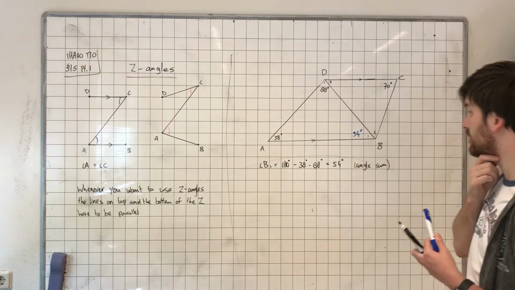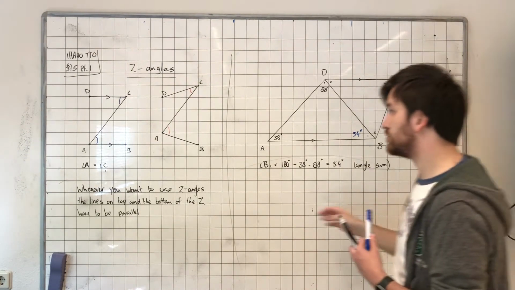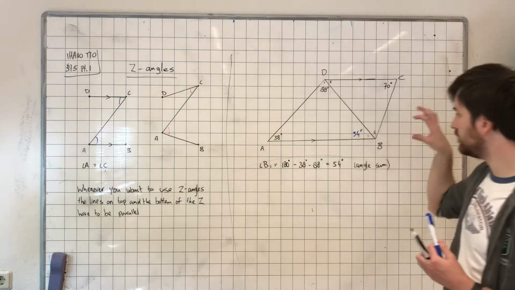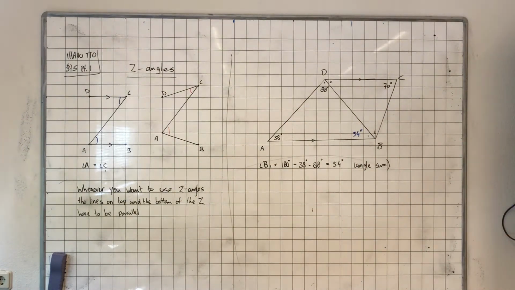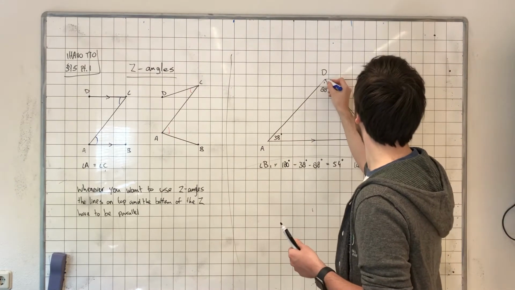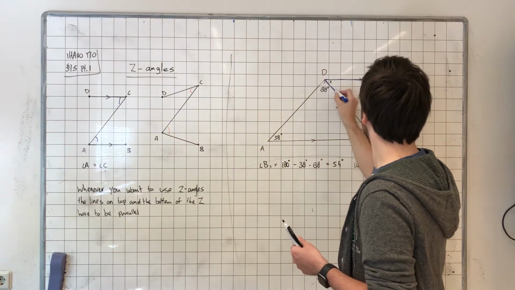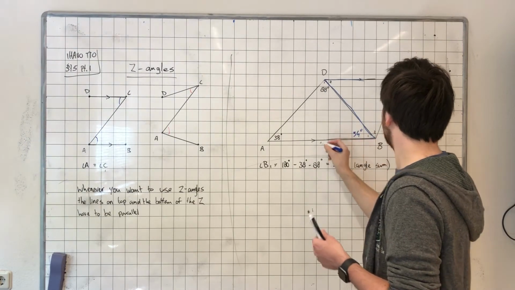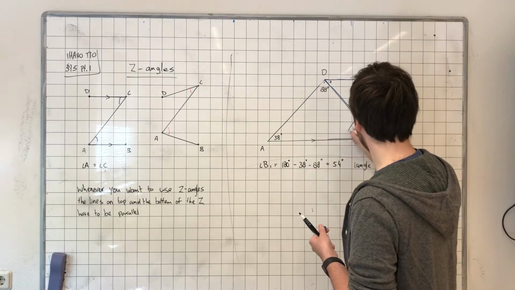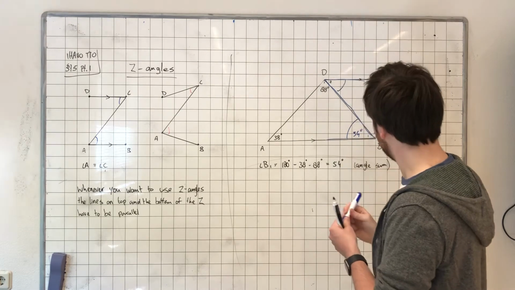So what now? Now we're going to try and use Z angles. Maybe you can already see the Z in this figure, maybe not. It's like the mirrored one. In this case, angle B1 and D2 are equal.